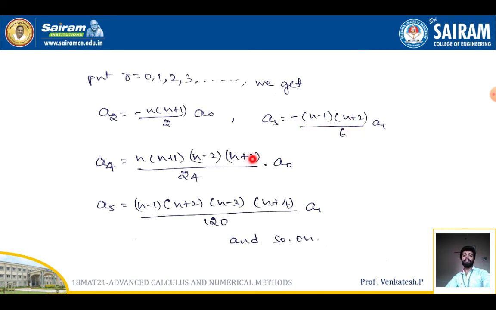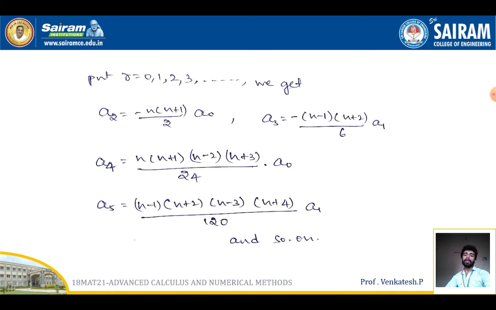If I replace r is equal to 2, I will get a4 is equal to n into n plus 1, n minus 2, n plus 3 by 24 into a naught. Again, by replacing r is equal to 3, I will be able to find a5 is equal to n minus 1, n plus 2, n minus 3, n plus 4 by 120 into a1, and so on.